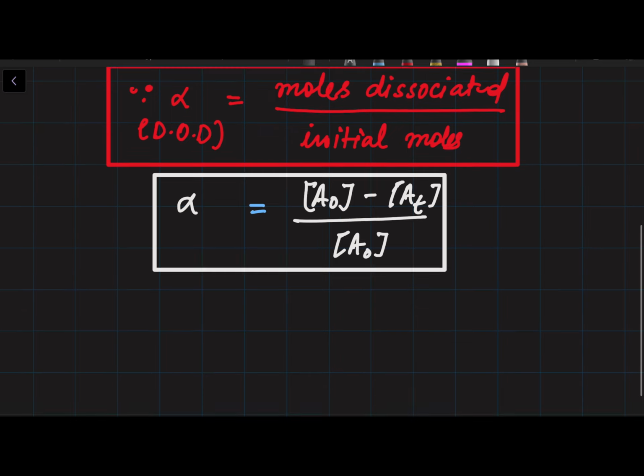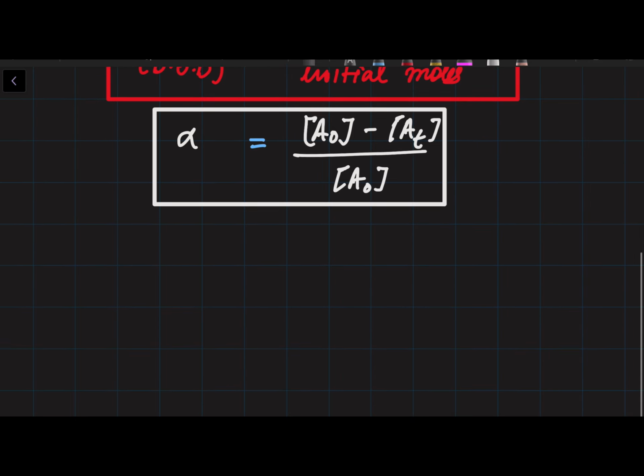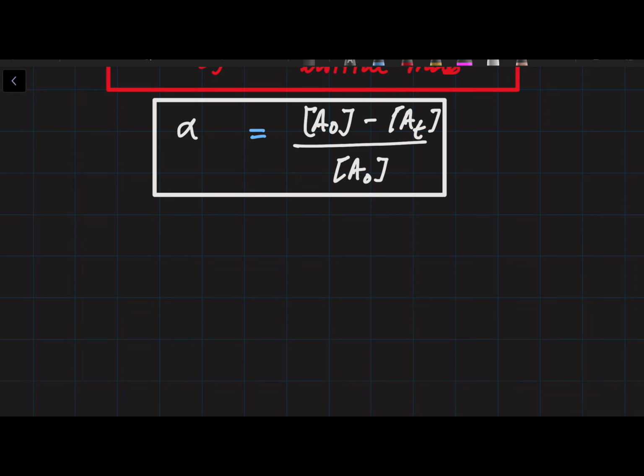If you want alpha in more detail, we can find it out. The next part I am going to write is only for the advanced level. In JEE Advanced, the same question had been asked.